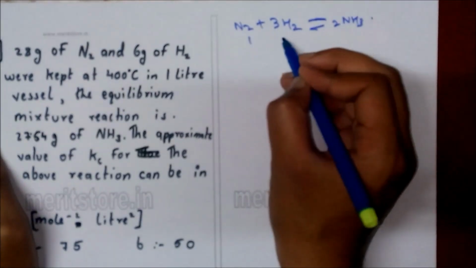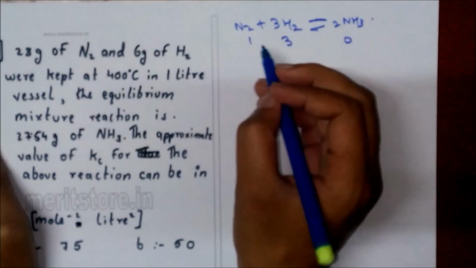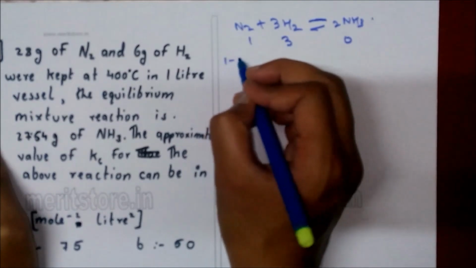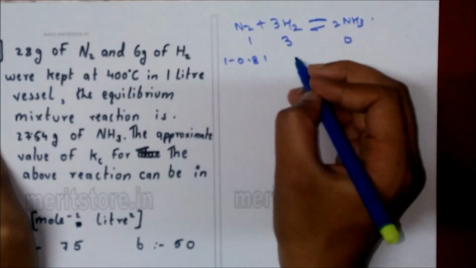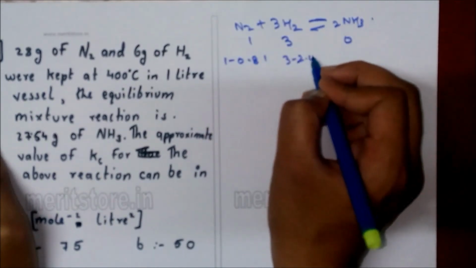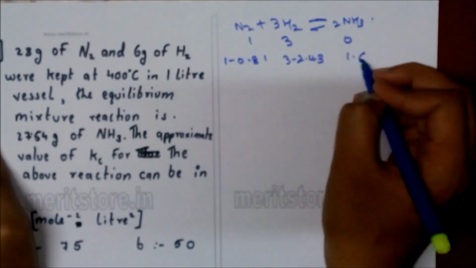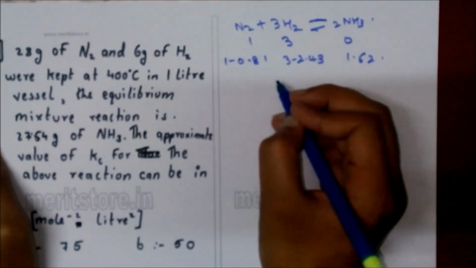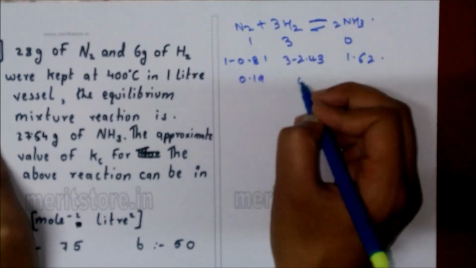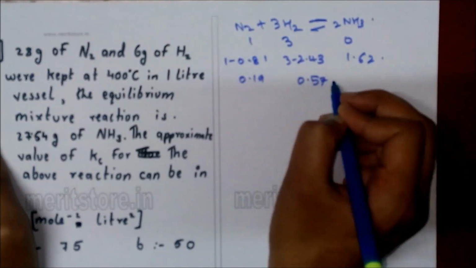Initial concentration is 1, 3, 0, and at equilibrium we get 1 minus 0.81, 3 minus 2.43 and 1.62. So we get 0.19, 0.57.